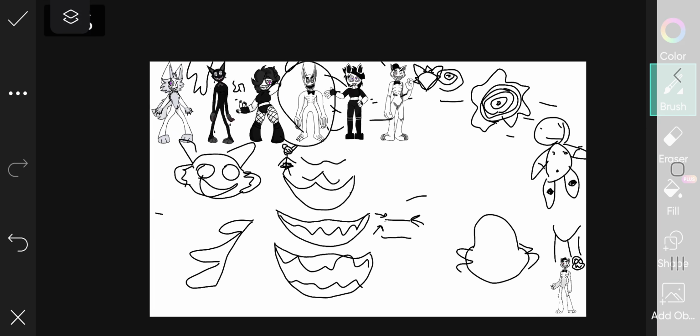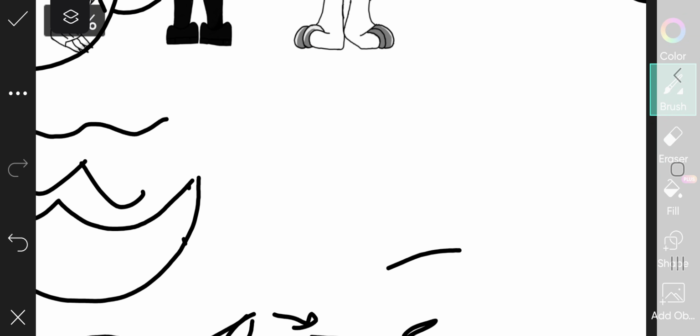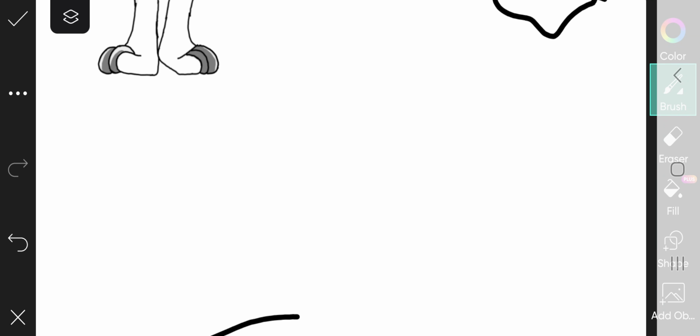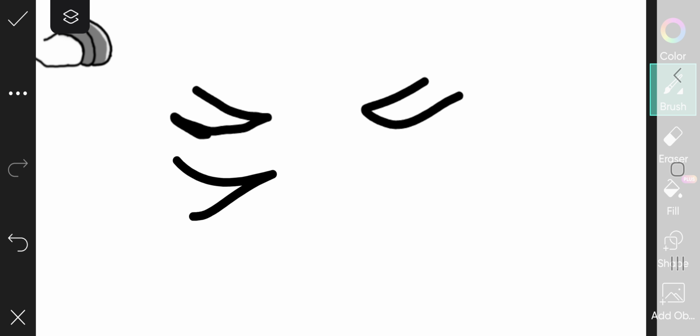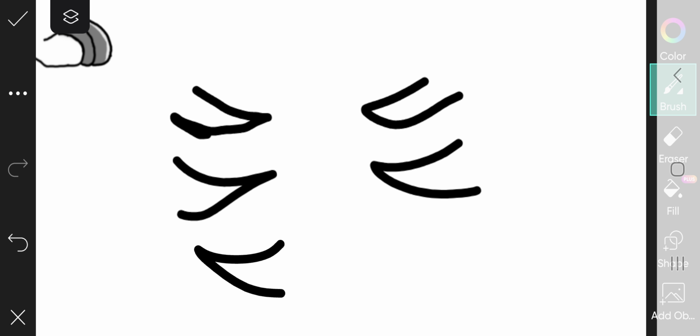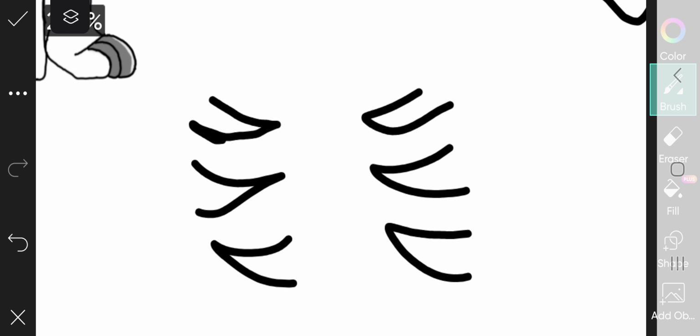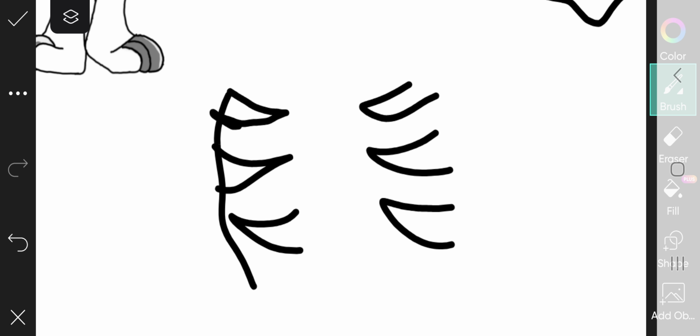So, yeah. Anyway, it's time to draw something goofy. Let's see here. I wonder what I'm gonna draw. Going to do that, and do that. And then we gonna put that there.